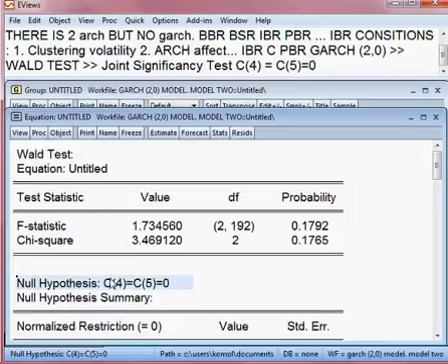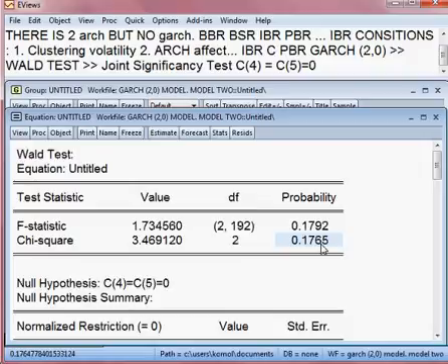And here, what is the p-value? 17.65%, which is more than 5%. So here, we cannot reject the null hypothesis.